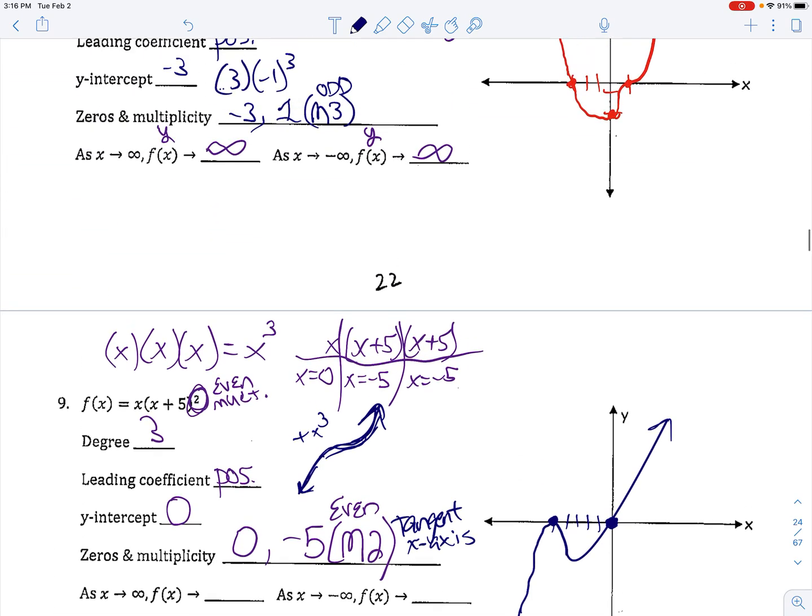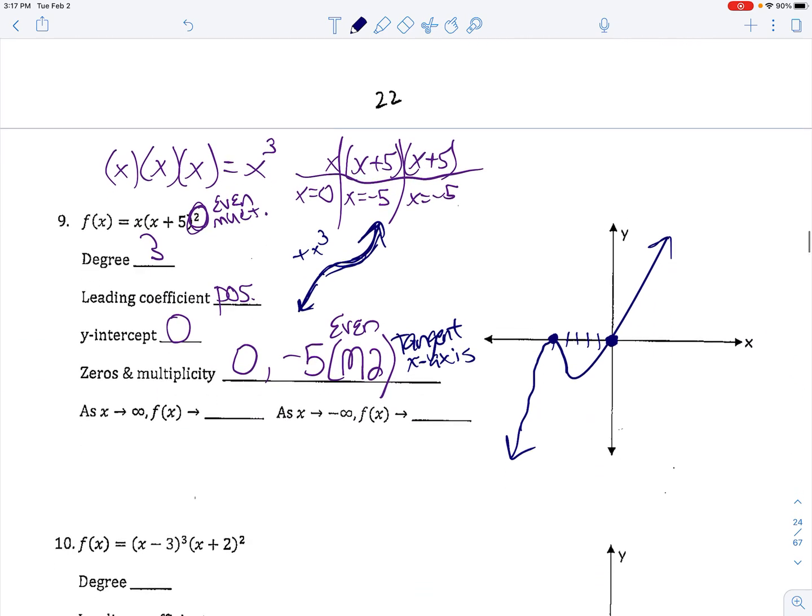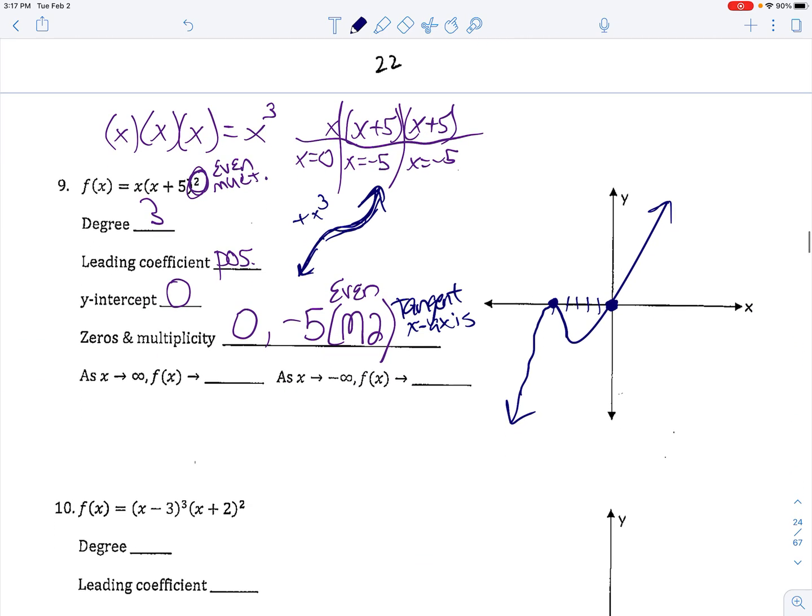Like I said, guys, it's a sketch, so it's not going to be perfect, which is fine. I forgot to mention in the last one, if your point of inflection doesn't look like a point of inflection, you could just label it. And that would be fine, even if it doesn't look like a point of inflection. If you label it, that would count.